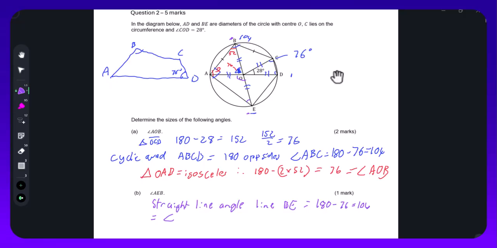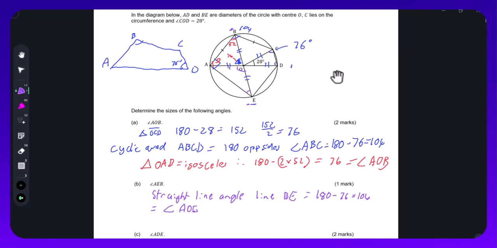So that's going to be angle AOE. And again, that triangle is isosceles. And therefore that one is going to end up being 180 take 104 equals 76.